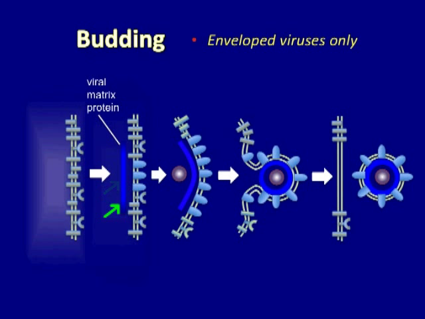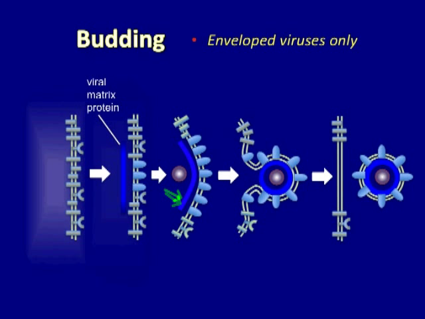When this happens, the host cell proteins are pushed out of the way, and virally encoded membrane glycoproteins are put into the cell membrane instead, overlying the viral matrix protein. Eventually, the matrix protein stakes out a portion of the cell membrane and fills it completely with viral protein, excluding all of the host cell proteins.